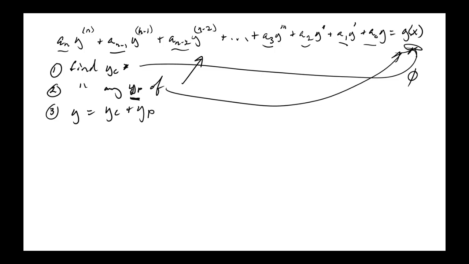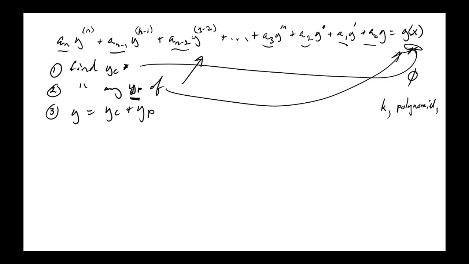G of x, now here's the key. G of x is limited to certain functions. It could be a constant. This is your g now. A constant k. It could be any polynomial function.